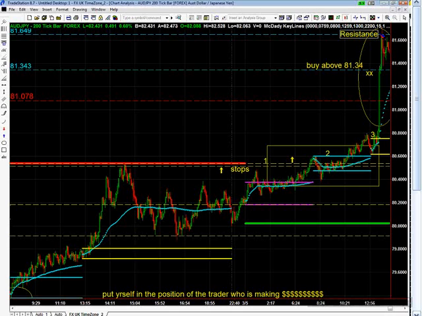The whole idea is, if the market condition is momentum, then we never ever sell resistance. We buy resistance. See the difference? If you sell resistance, you're committing financial suicide.